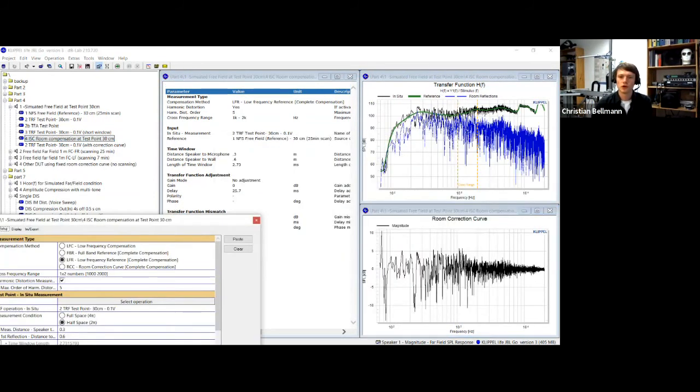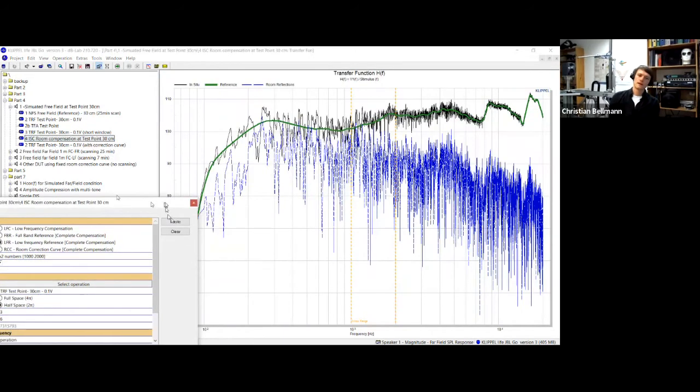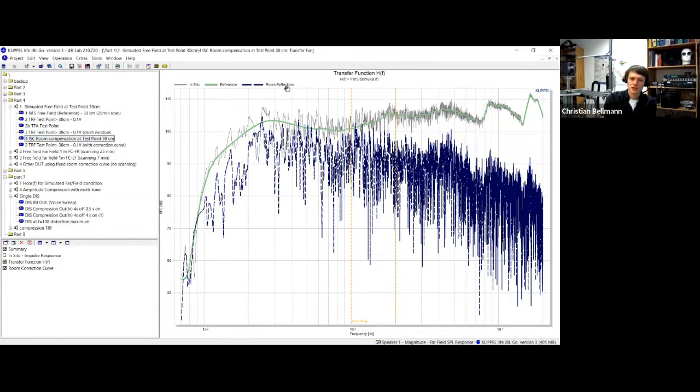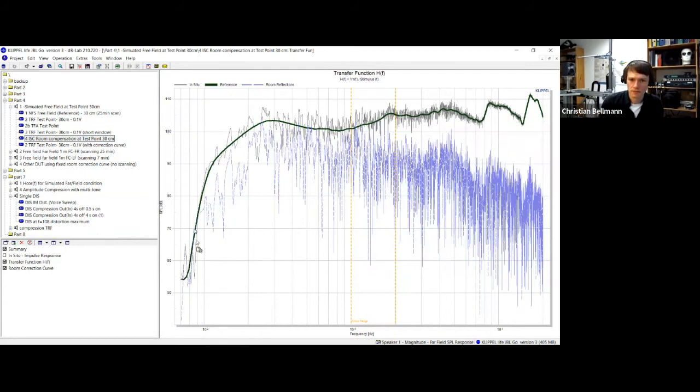Okay, can you please open the transfer function window and maximize it? Yes. So what you see here is what is done in this measurement module. We had the room reflection, similar to what we discussed before on the near-field scanner measurement. We now make a separation of room and direct sound, but just at this one point. The thick green line that you see is finally our free field curve.